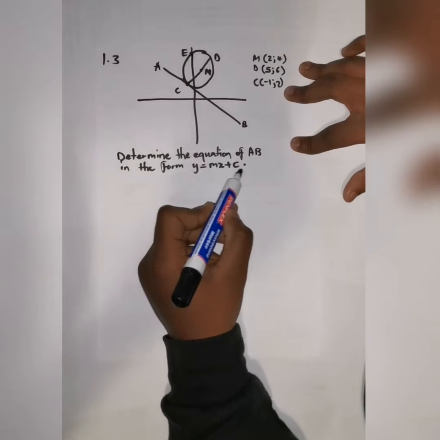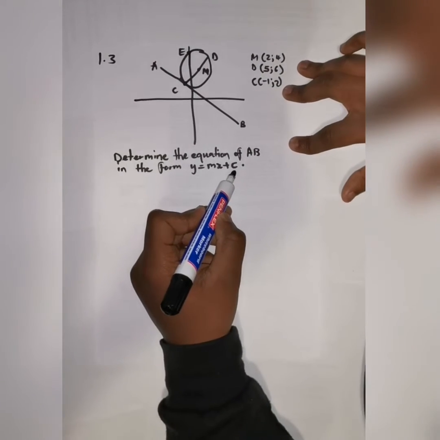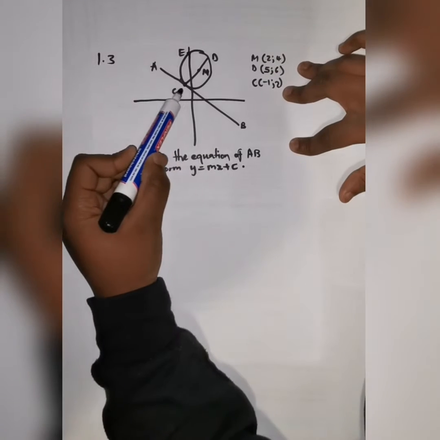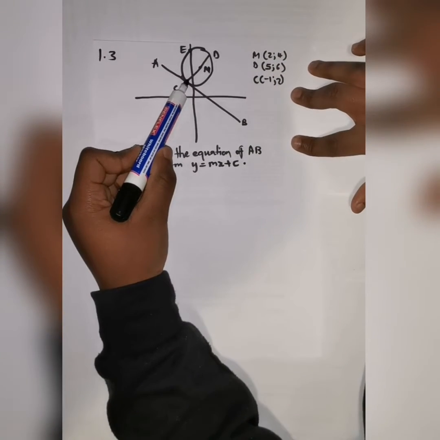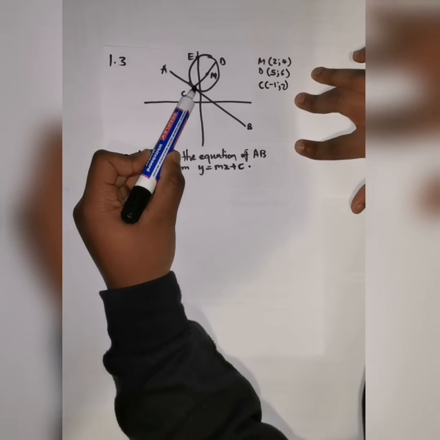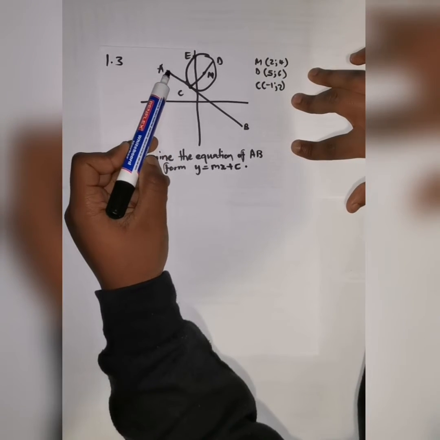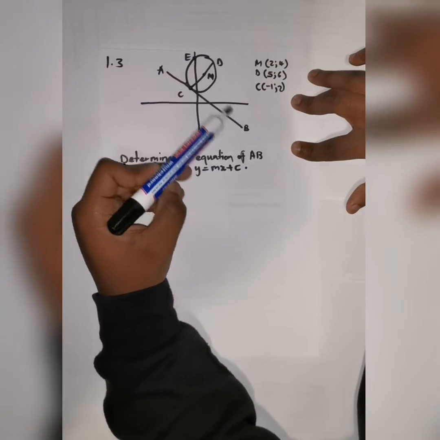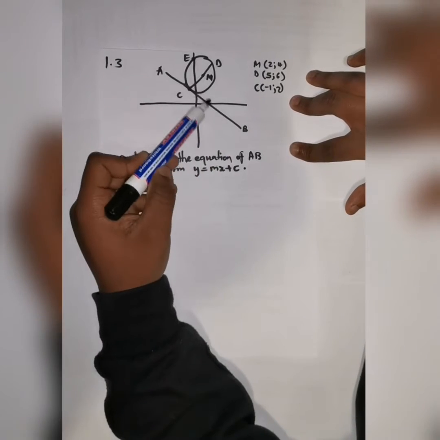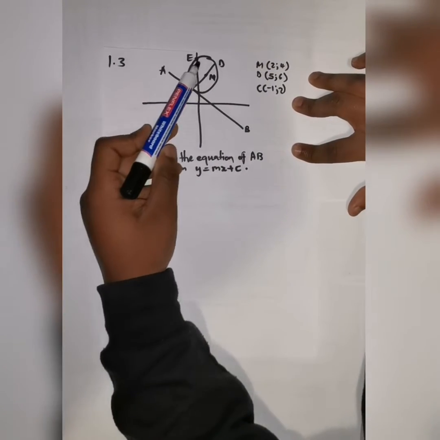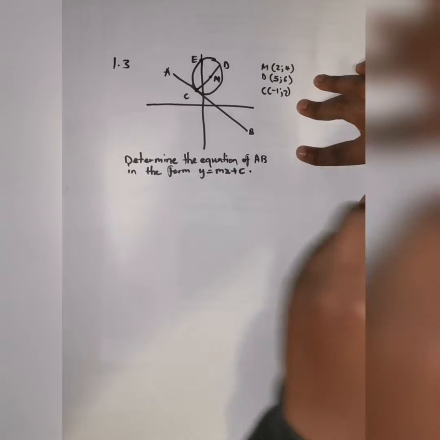As you can see, we only have the coordinates for point C, and there's no way you can determine the points A and B.